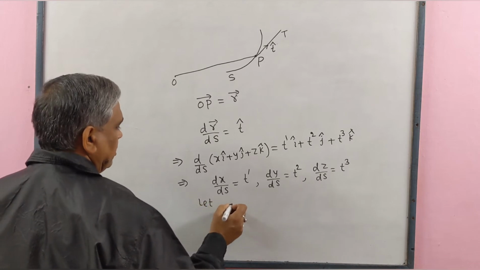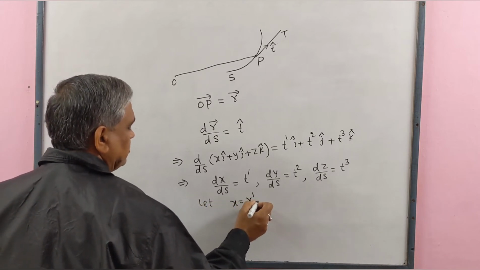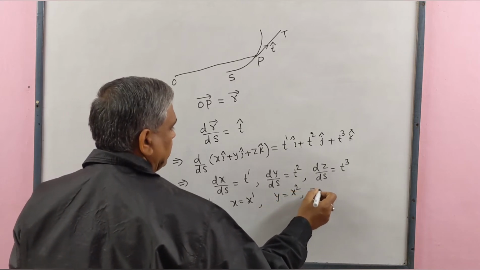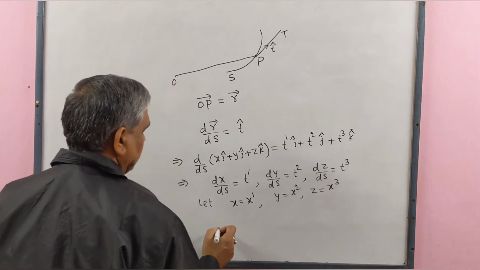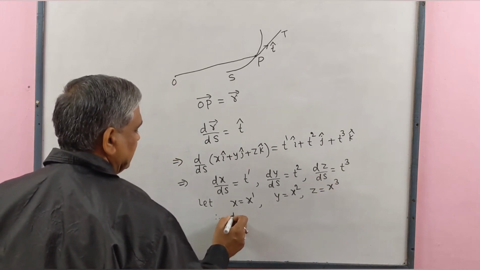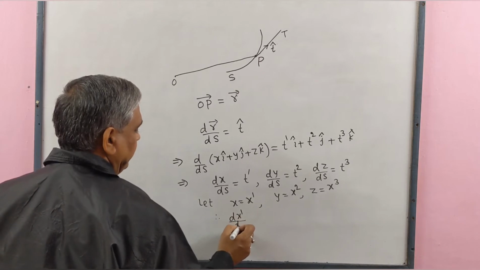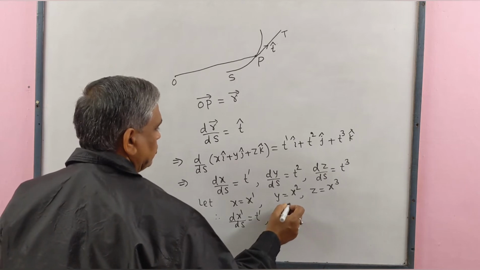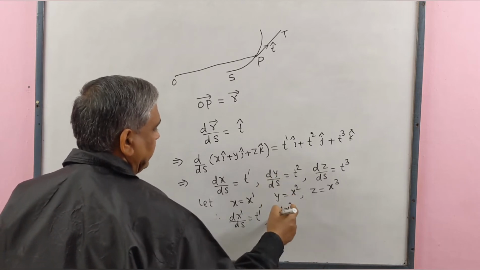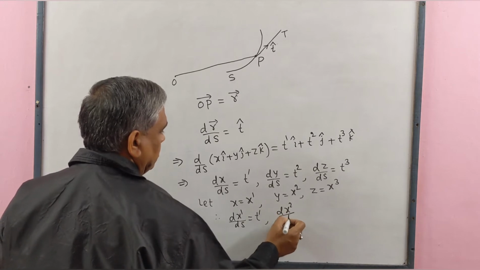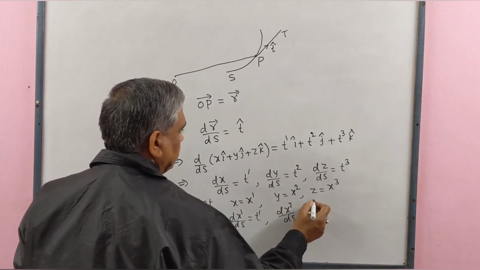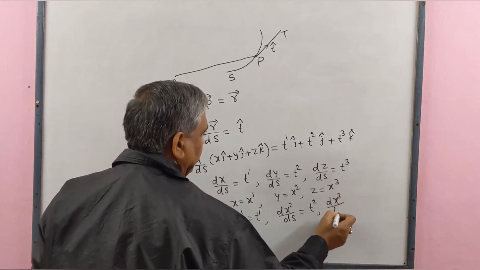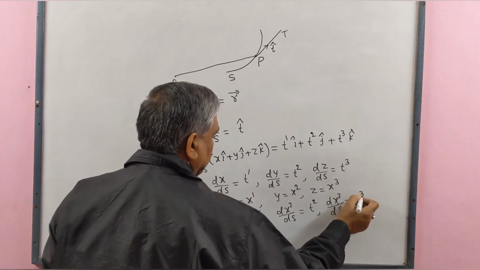Let x equal to x1, y equal to x2, z equal to x3. Therefore dx1 by ds equal to t1, dx2 by ds equal to t2, dx3 by ds equal to t3.